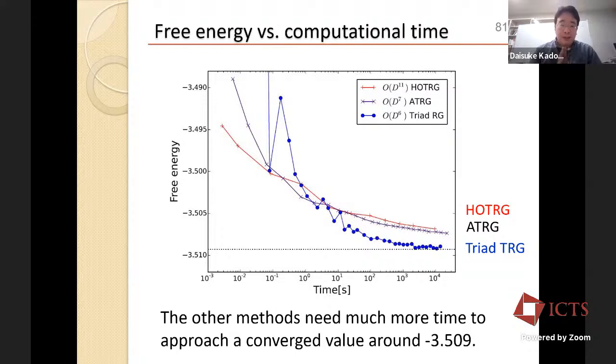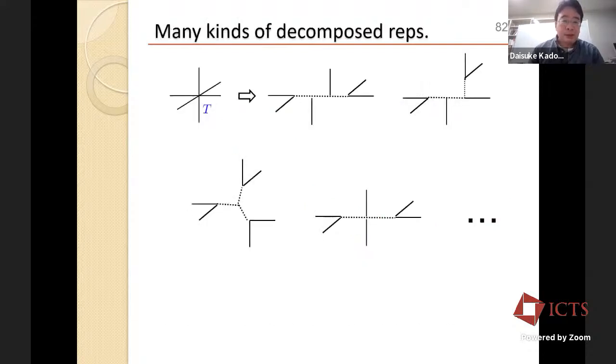Okay, so actually, at least in 3 dimensions, the triad TRG method is very effective.